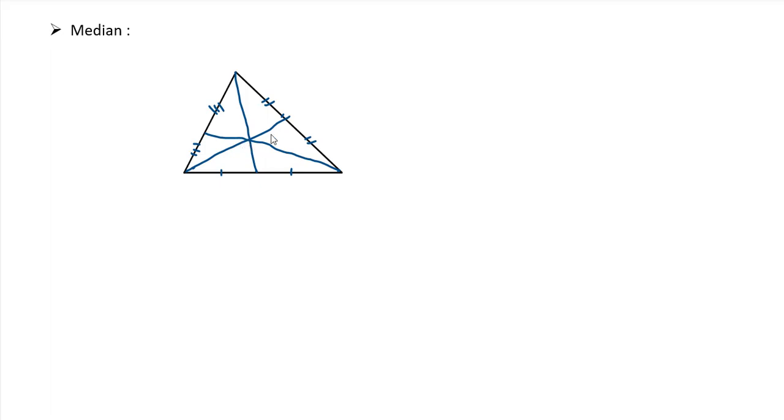So the point at which the medians meet is called as the centroid. The centroid divides the median in the ratio 2:1.